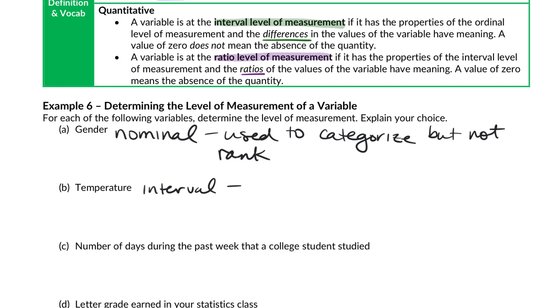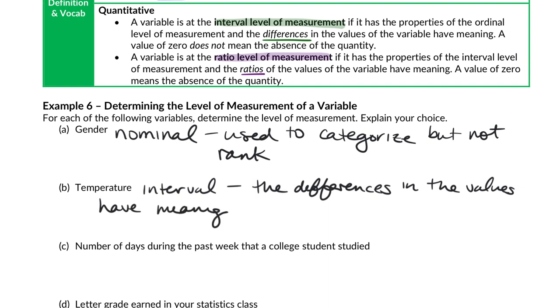And if it's 0 degrees outside, does that mean that there's nothing outside, or does that mean that it is zero temperature? Zero temperature. So 0 has meaning. It's not the absence of a quantity. So we'll write down the differences in the values have meaning. And 0 degrees means something.